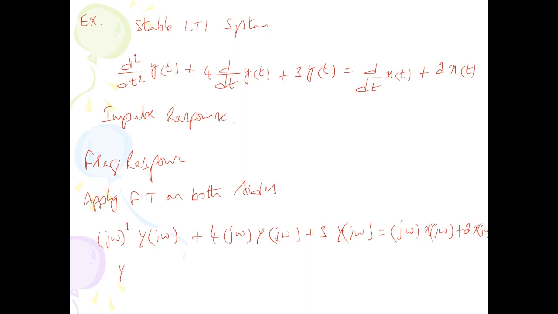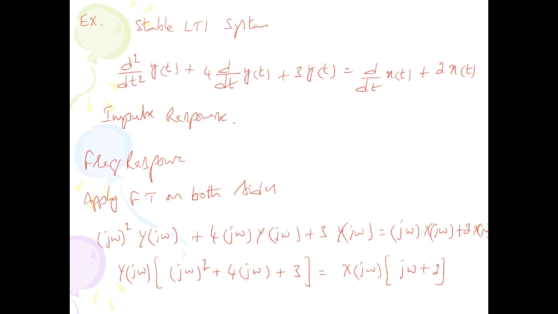Take Y(j omega) common on the left hand side. This is (j omega)^2 plus 4 j omega plus 3. Now take X(j omega) common on the right hand side. So this is j omega plus 2.